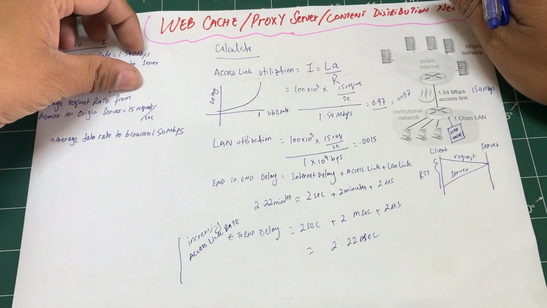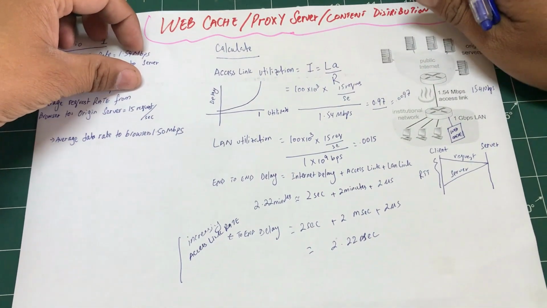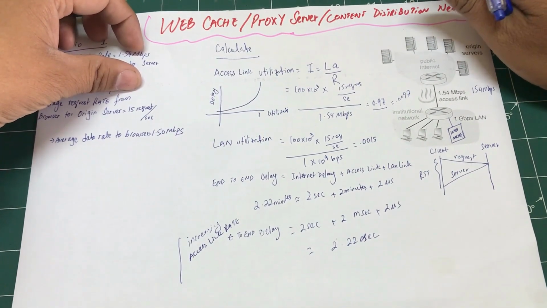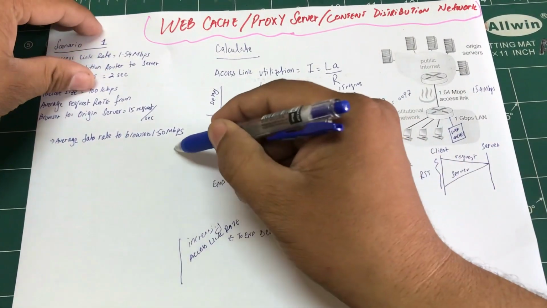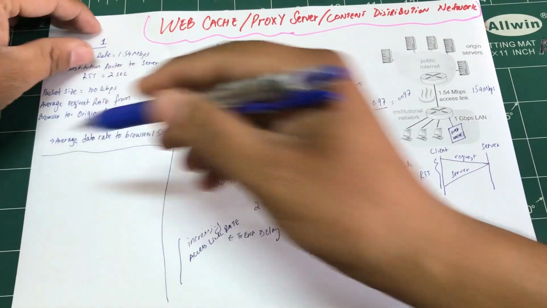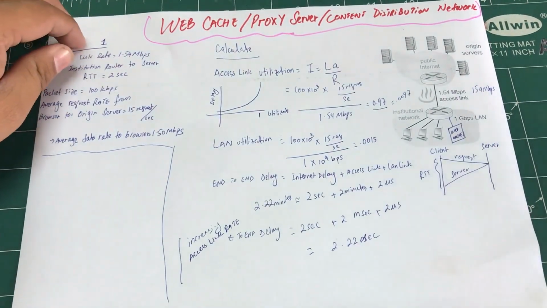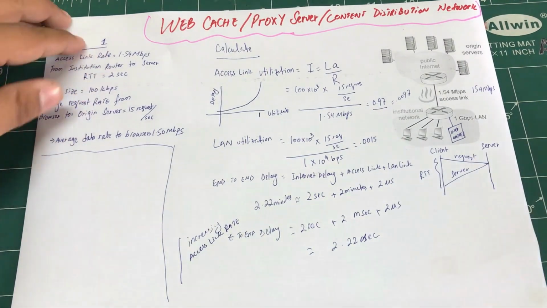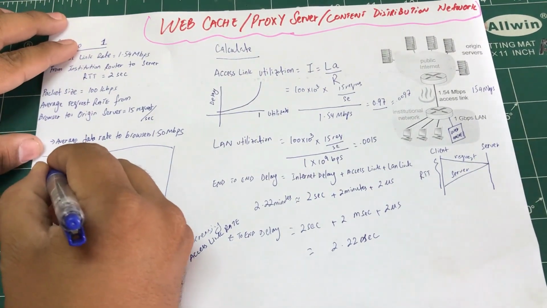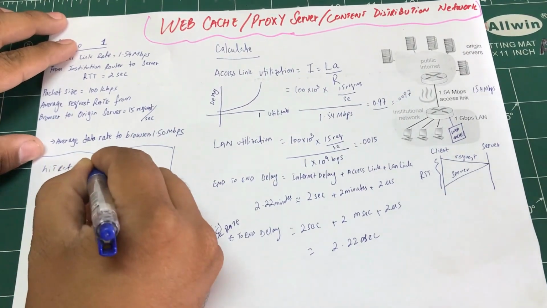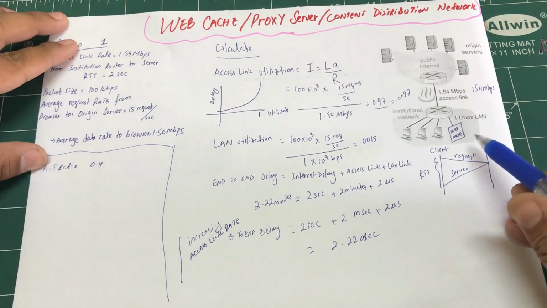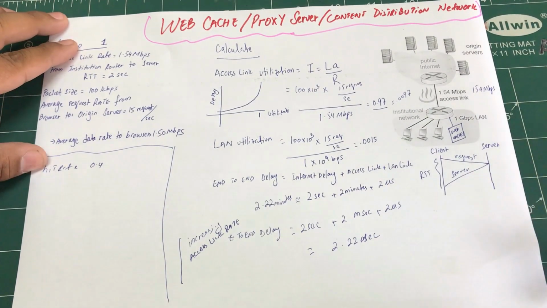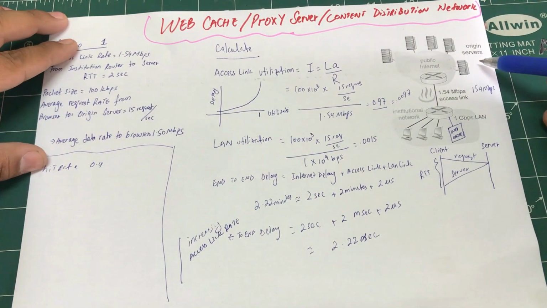All right, so let's calculate the end-to-end delay of this. Here are some of the checks we need to do, looking at it in terms of web caches. Once we install this web cache, suppose we have a hit rate of about 0.4, which means 40% of the requests are served by the web cache, while 60% of the requests still need to go to the origin server.